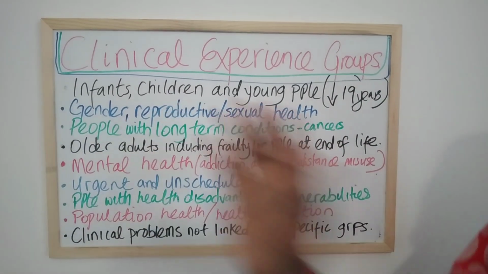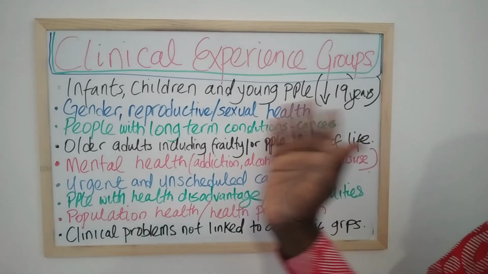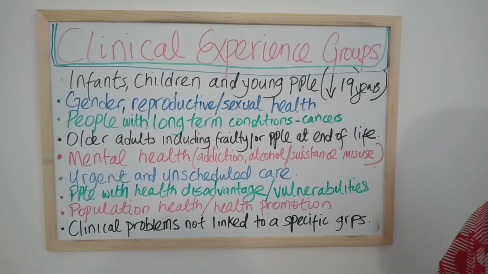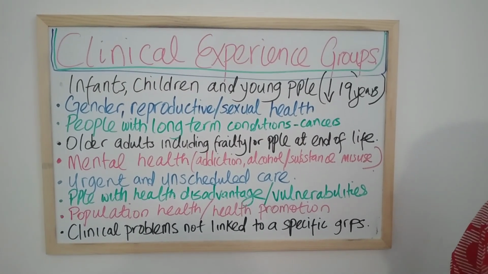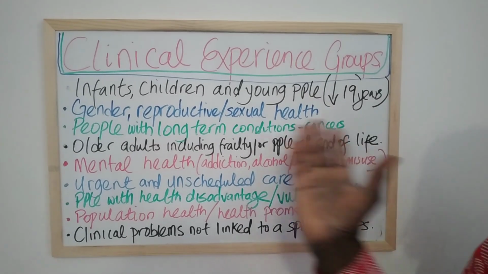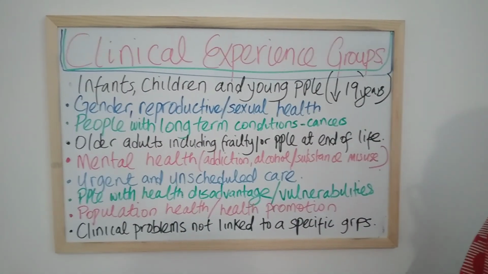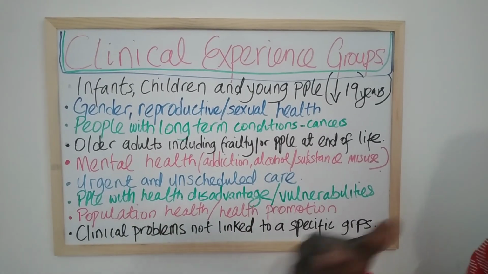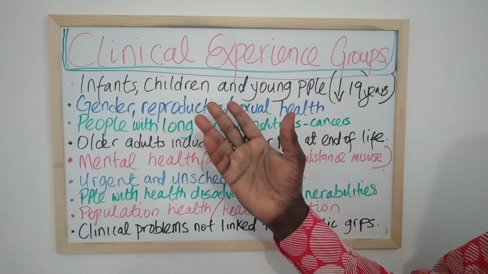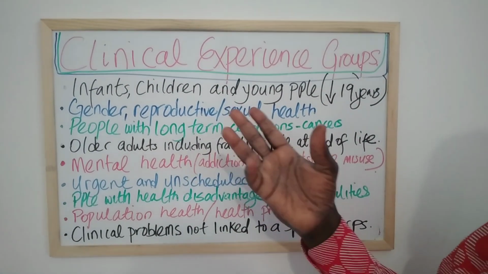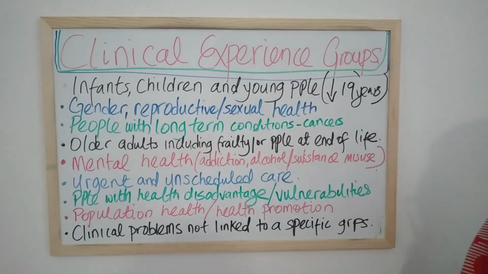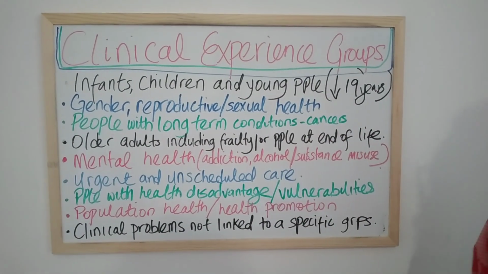So anything about reproductive health, if you are examining a male, for example, doing a prostate examination or a testicular examination, this is where it comes in. Though that person may be a child, in that entry or engagement you have done something with the reproductive health, so that is where you can put it.